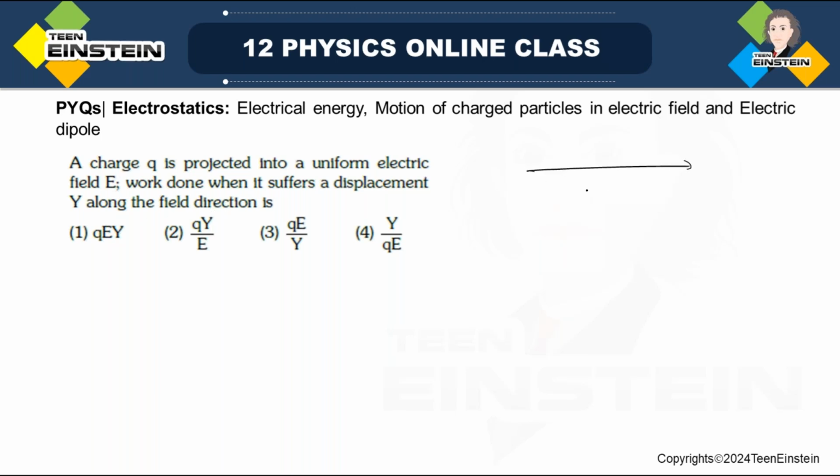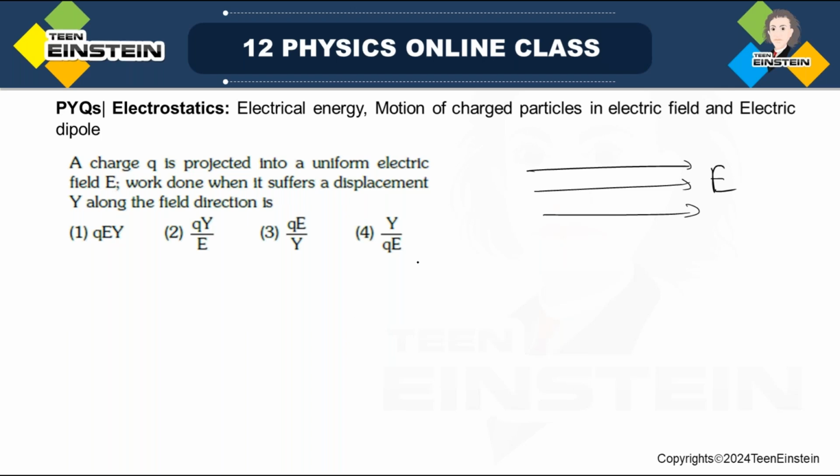The question is like this. This is the uniform electric field. A charged particle is projected in a uniform electric field. The work done when it suffers a displacement y.